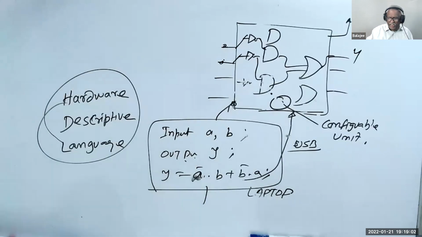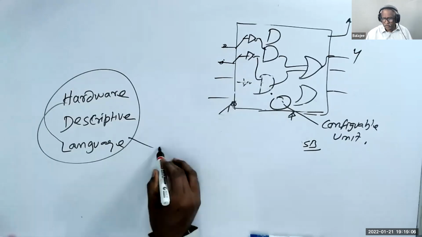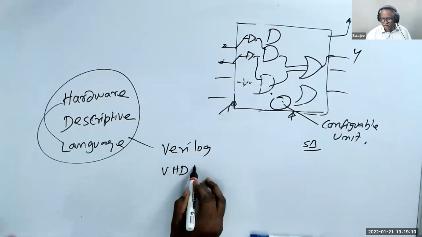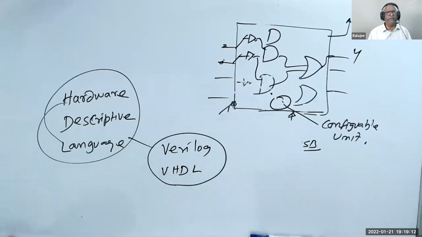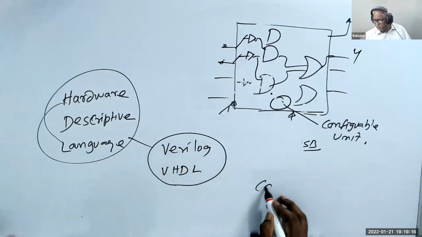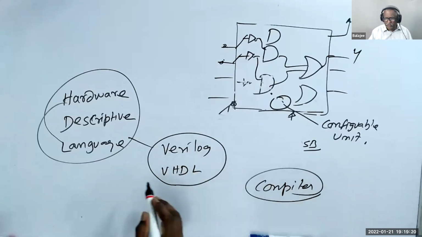This is like the C language, what we discussed. There's a language called Verilog or VHDL. You understand? Then, like we have a compiler, they have what is called synthesis.